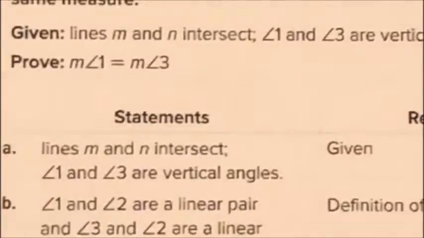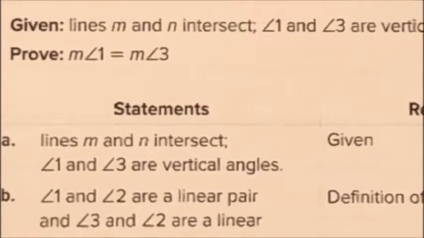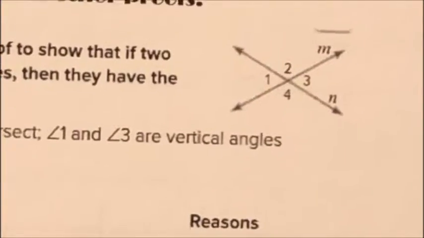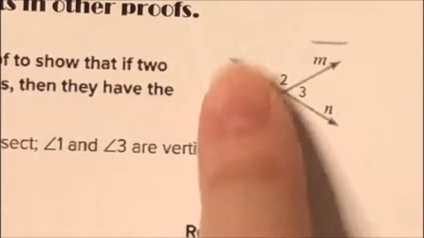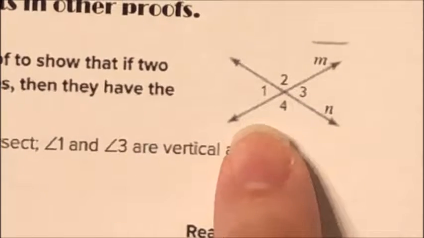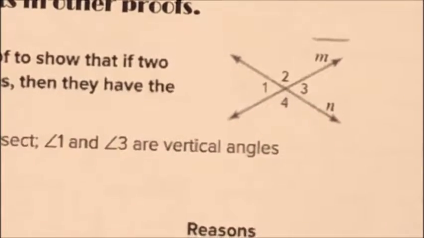Angle 1 and angle 3 are vertical angles. I want to prove measure of angle 1 equals the measure of angle 3. There's my drawing. So M and N intersect, and 1 and 3 are vertical angles, and I want to prove that they're equal to each other.